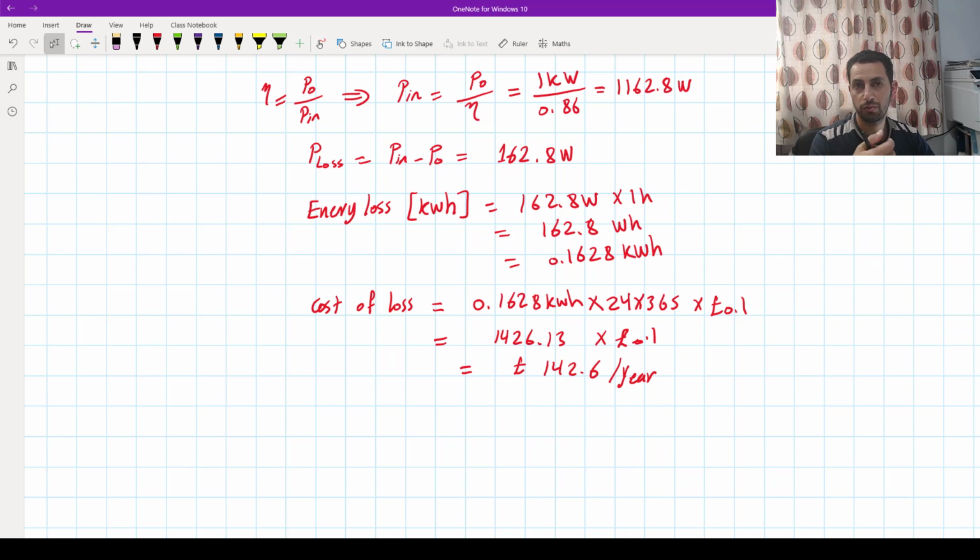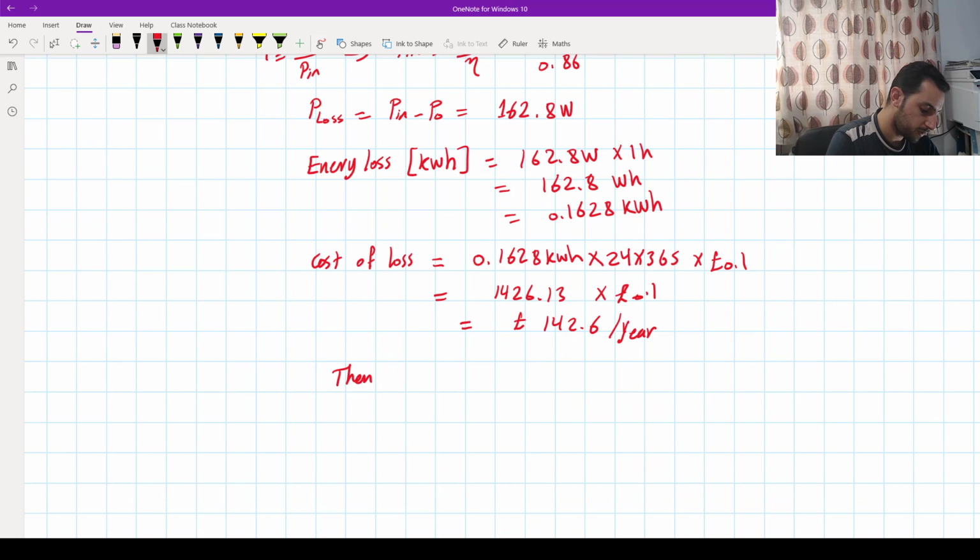Because our offer, which is the new converter, is £200 for the new converter, but this one is losing £142. That means about 3/4 of the price of the new converter. They will lose it in just 1 year. So in 2 years' time, they will lose more than £200.